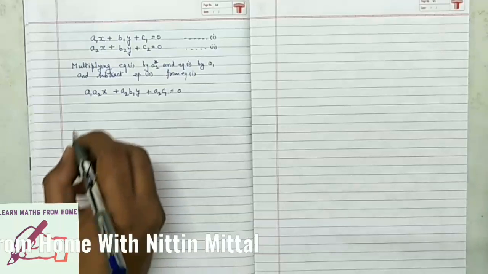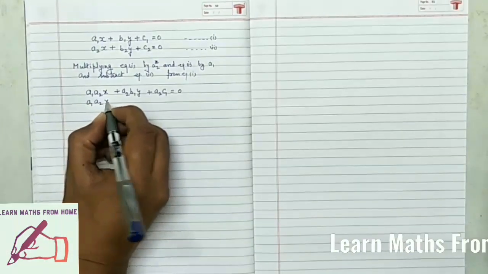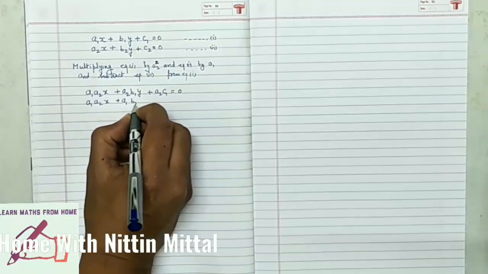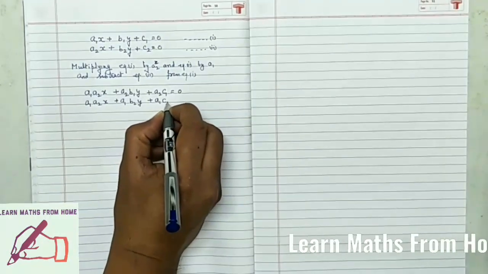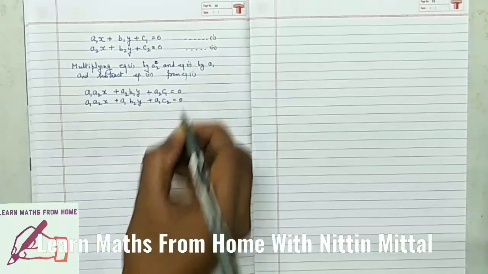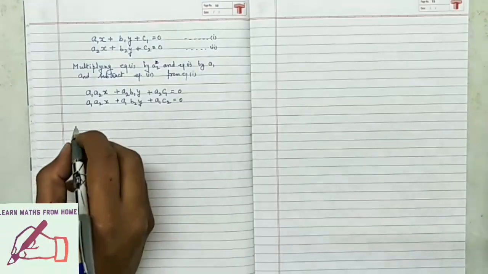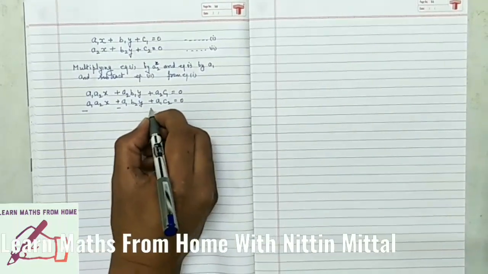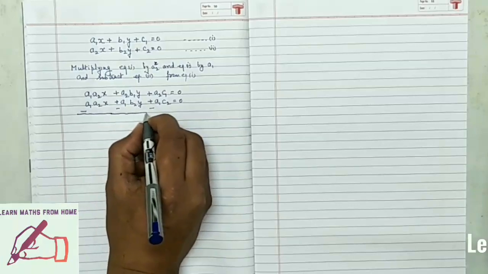So second equation will become a1a2x, we are multiplying with a1, b2y plus a1c2 equal to 0. So now we will be subtracting, sign will change so that we can eliminate one of the variables.